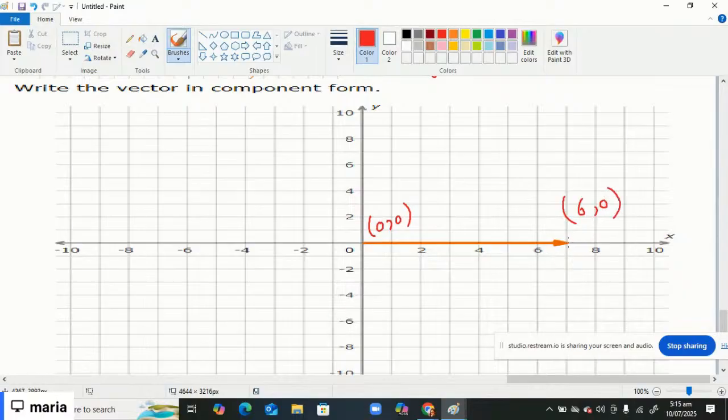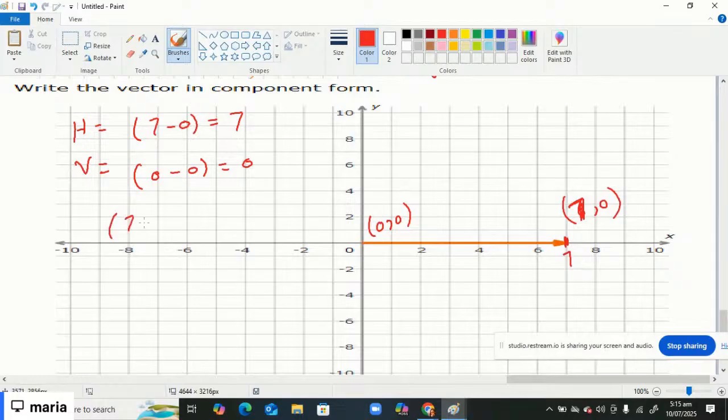Terminal point. So it's not 6, it's 7. Here it's 7. Now how do we find it? First of all, horizontal change represents h. So horizontal change is 7 minus 0, that is 7. And what is the vertical change? This is 0 minus 0, that is 0.